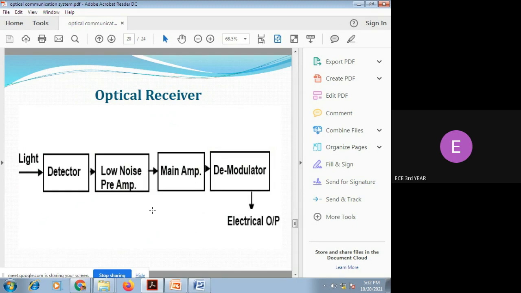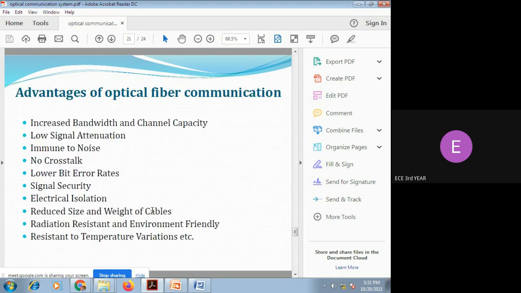It is already explained. The advantages of the optical fiber communication system are increased bandwidth and channel capacity, low signal attenuation, immunity to noise, and no crosstalk.